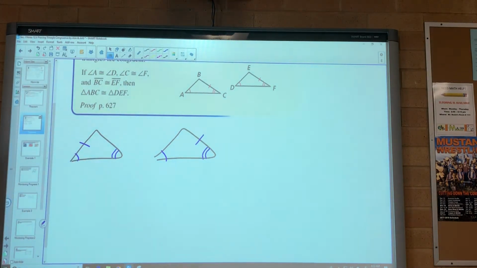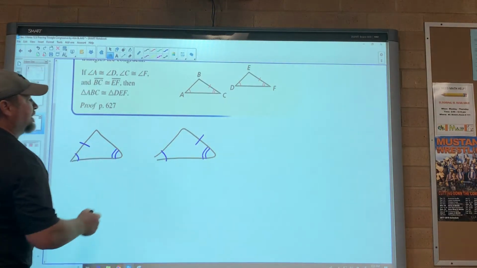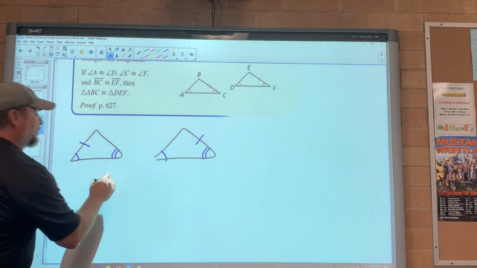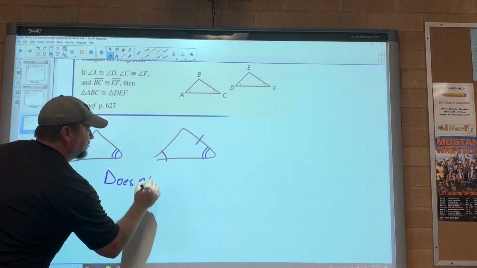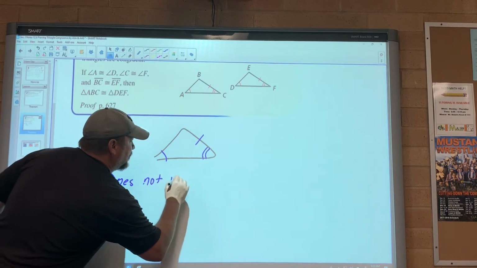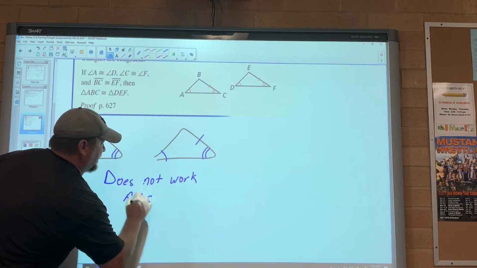This one will not work, even though it's got all the correct markings, this one's in the wrong spot from the first one. So it does not work by angle, angle, side.